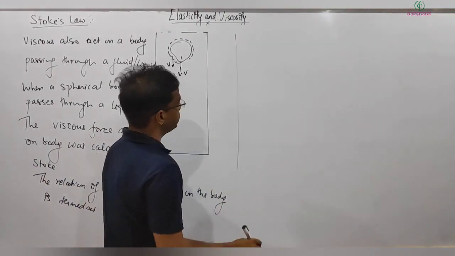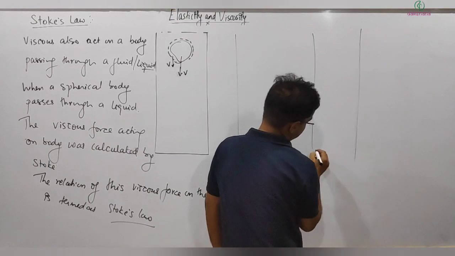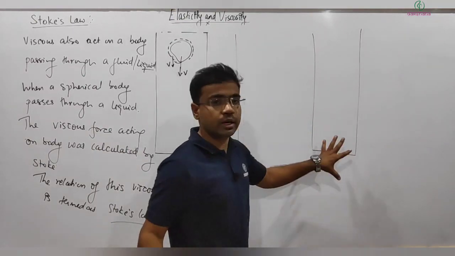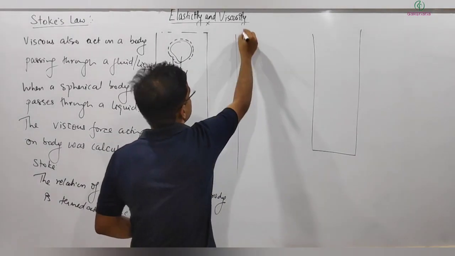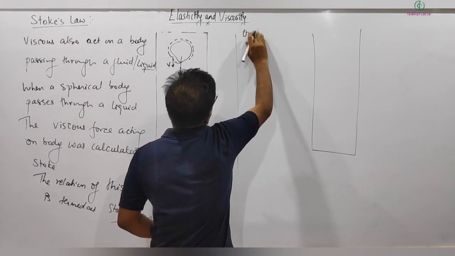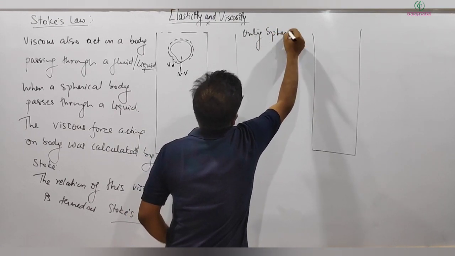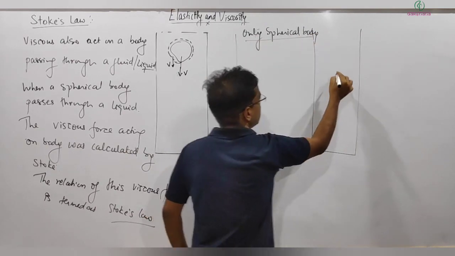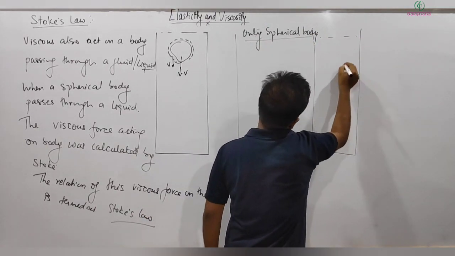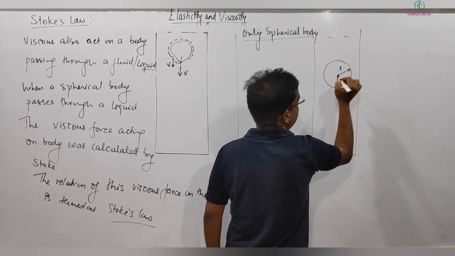So let's consider we have this solid spherical body. Now you must be clear, our discussion is limited only up to spherical body. So let's say this is a container filled with some fluid, and this is a spherical body whose radius is r.